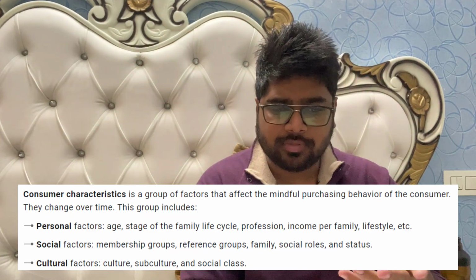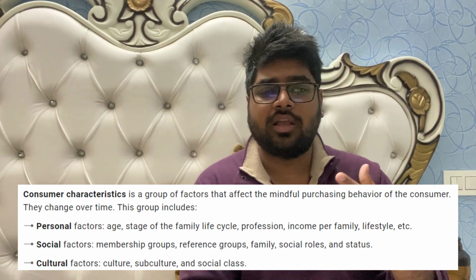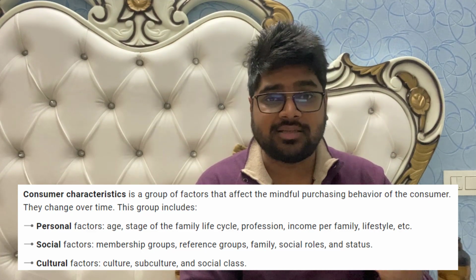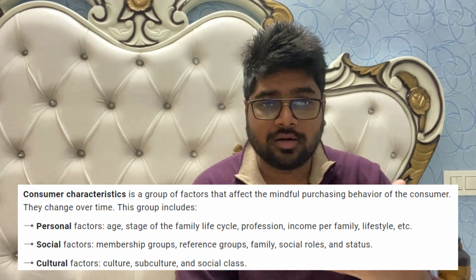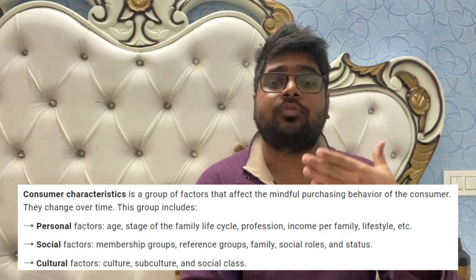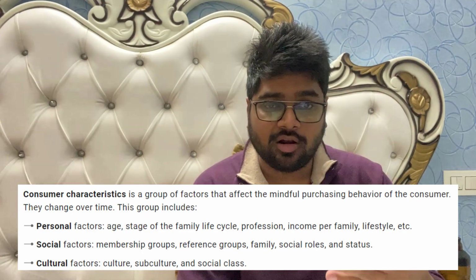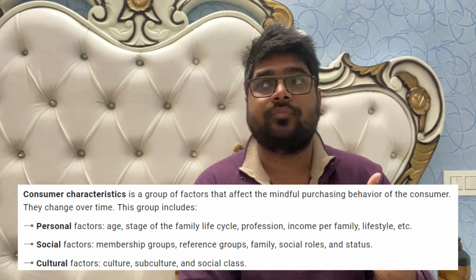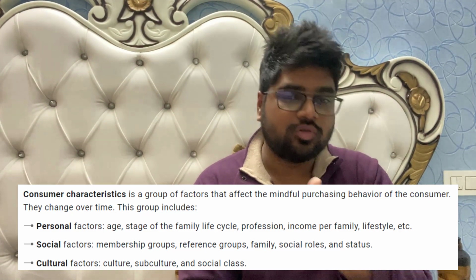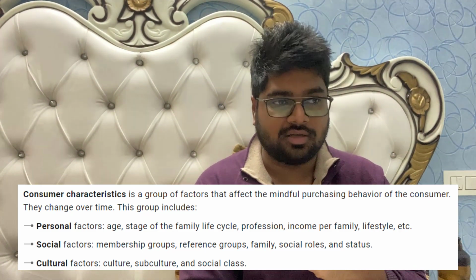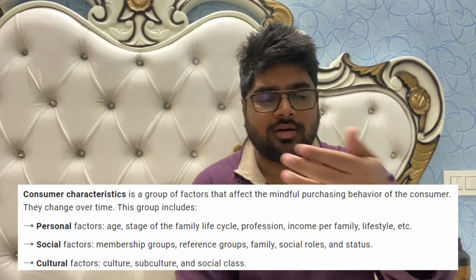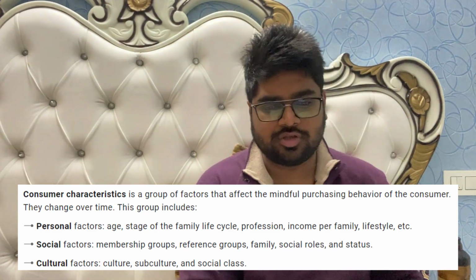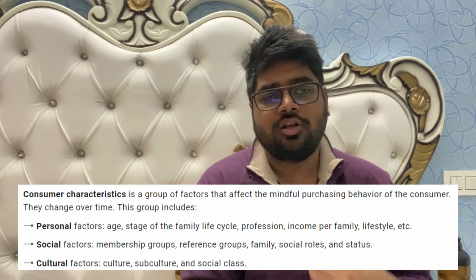What is the age of that person, what is his position in the family, is he the bread earner, or is he a dependent personality, right? What is his profession, what is the education level, what is their lifestyle. So those are the personal characteristics that companies categorize under segmentation, targeting, positioning, right?